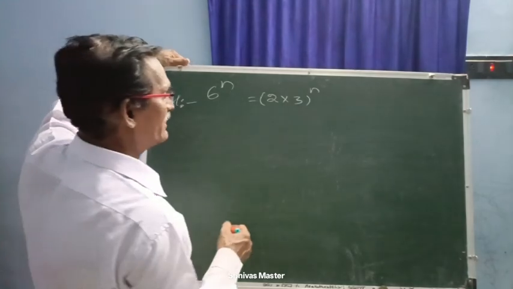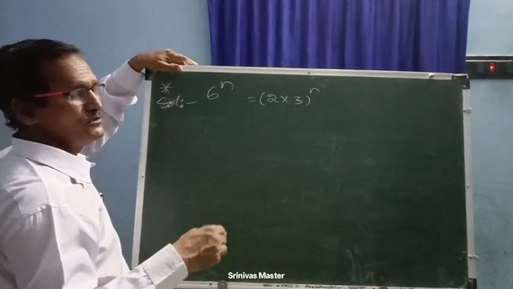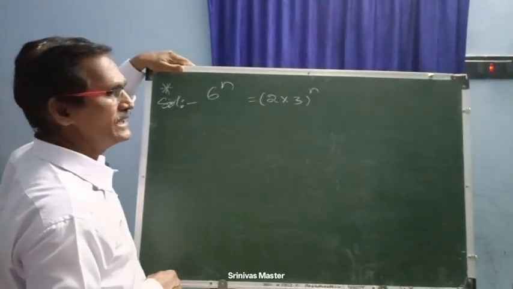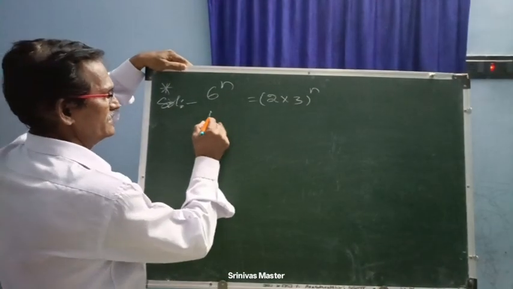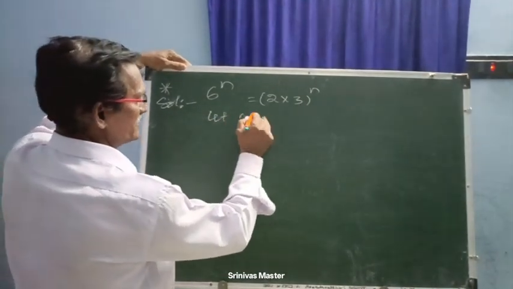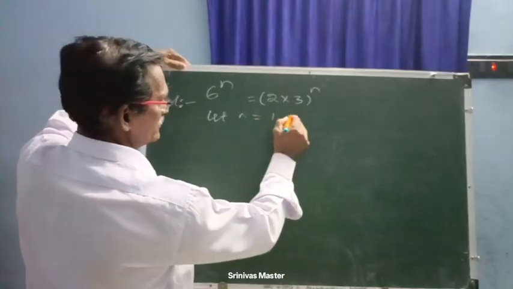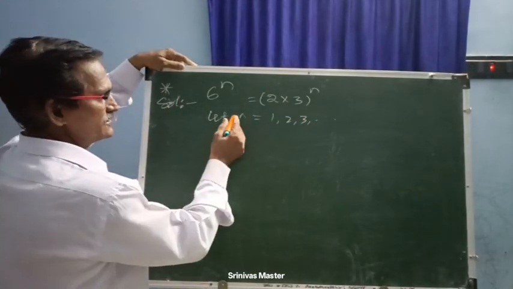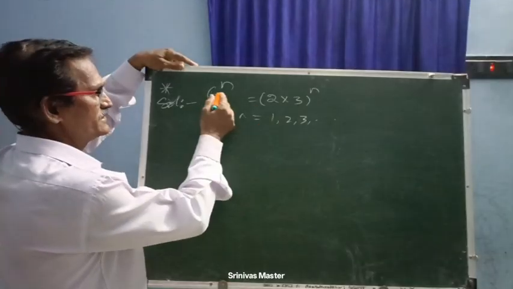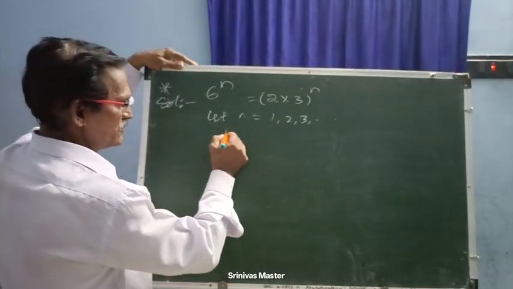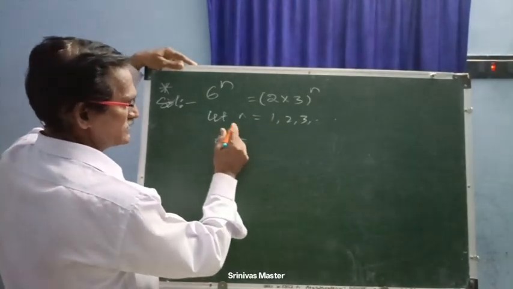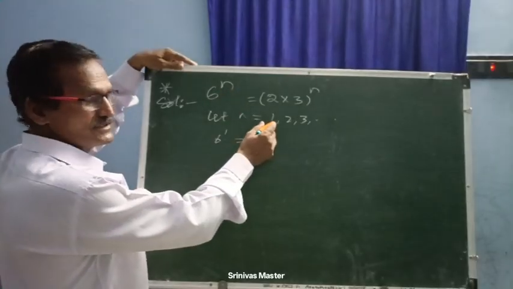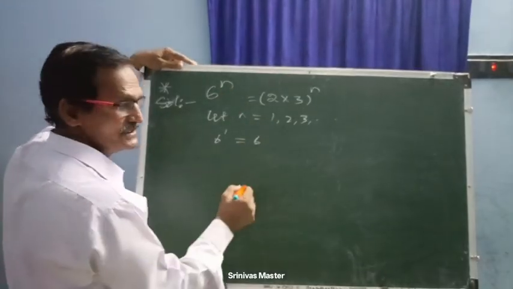So whenever you take n equal to 1, 2, 3, it never ends with 0. You can identify this by taking some values. Suppose we take n equal to 1 and substitute in 6 to the power of n. 6 to the power of 1 means 6.